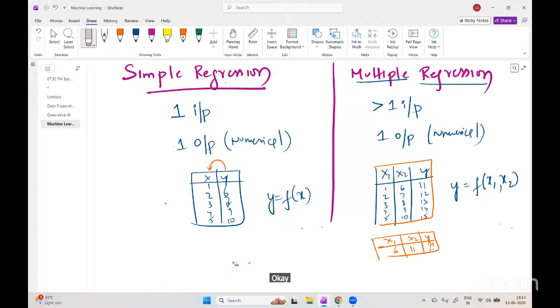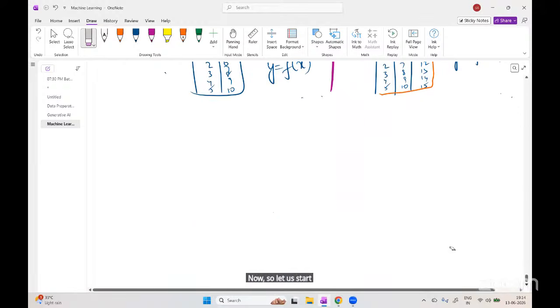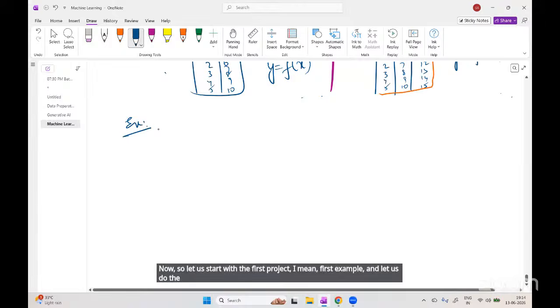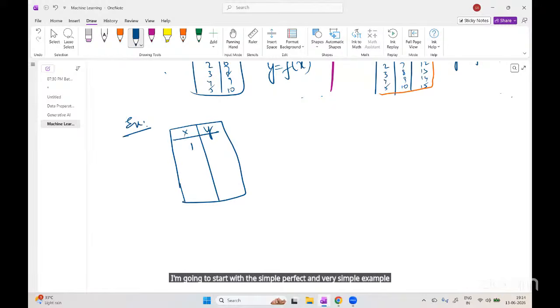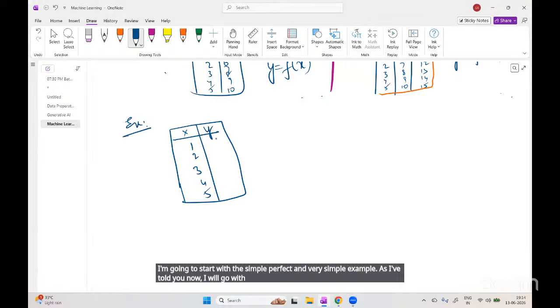Okay. Is the point is clear, everyone? Now, so let us start with the first project. First example, and let us do the maths behind that and everything. I'm going to start with the simple, perfect and very simple example. As I've told you now, I will go with the multiple examples, but I'll start with the simple one.